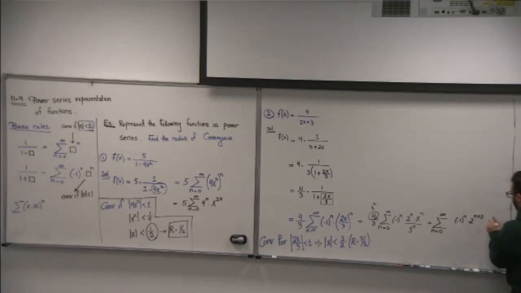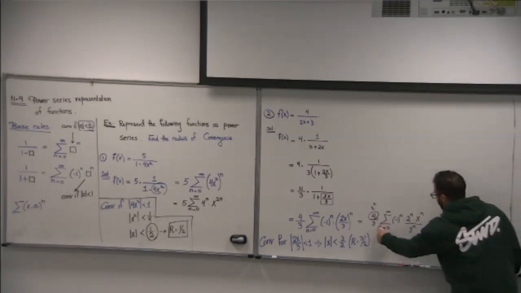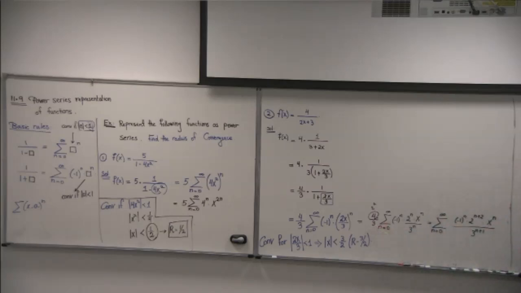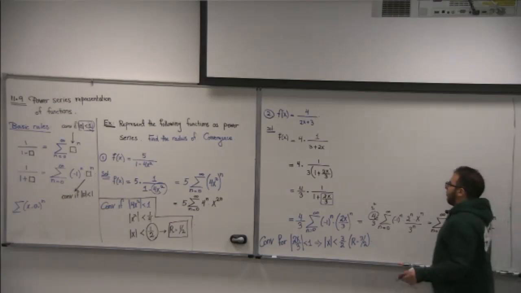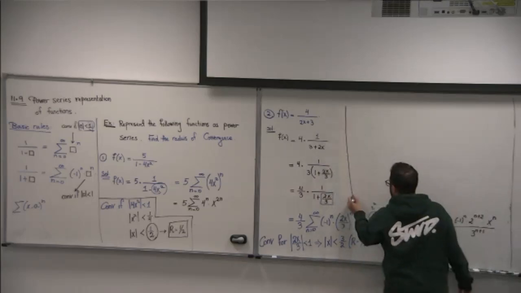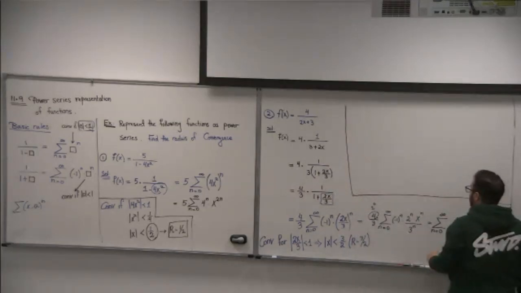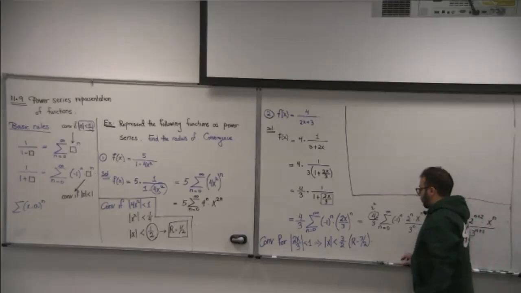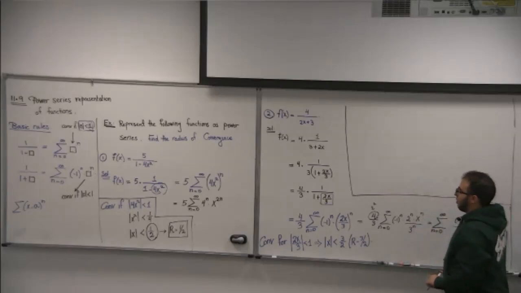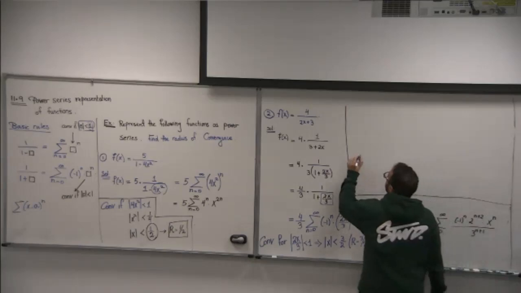Plus 2 x power n divided by 3 power n plus 1, because 3 power n times 3 power 1. So that's the full series. You can do that, it's fine. It's nice to do it sometimes. Okay, and you will see that we have to simplify completely sometimes in some questions. But these cases didn't come yet.